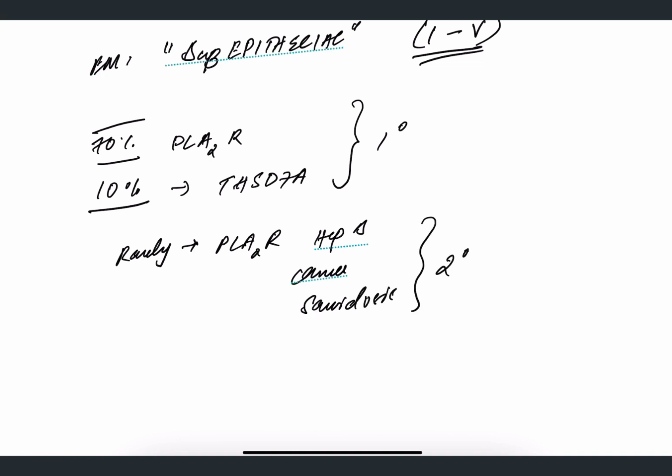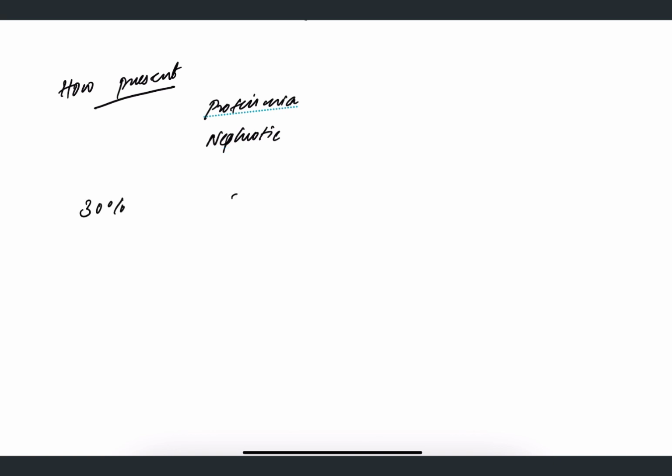Now, how do these patients present? The common presentation is any adult with features of very non-selective proteinuria, a patient with nephrotic syndrome. In an adult nephrotic syndrome, the most common one is membranous nephropathy, just keep in mind. And there is the 30-30-30 rule.